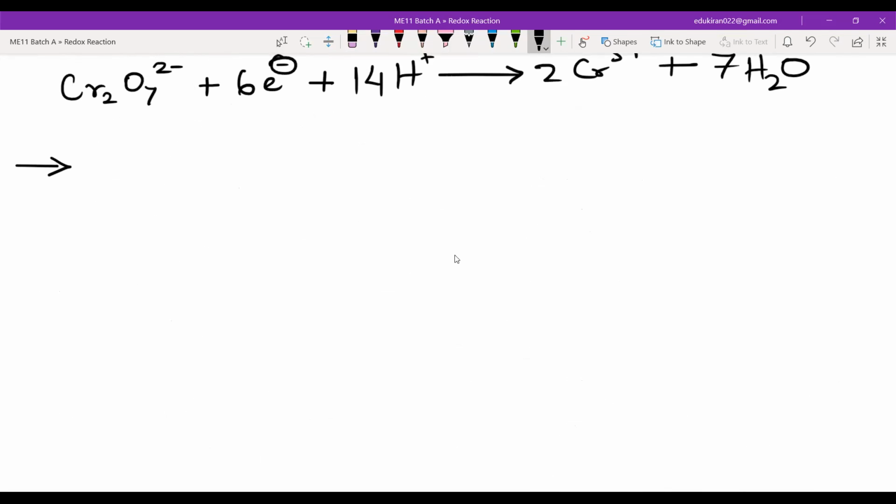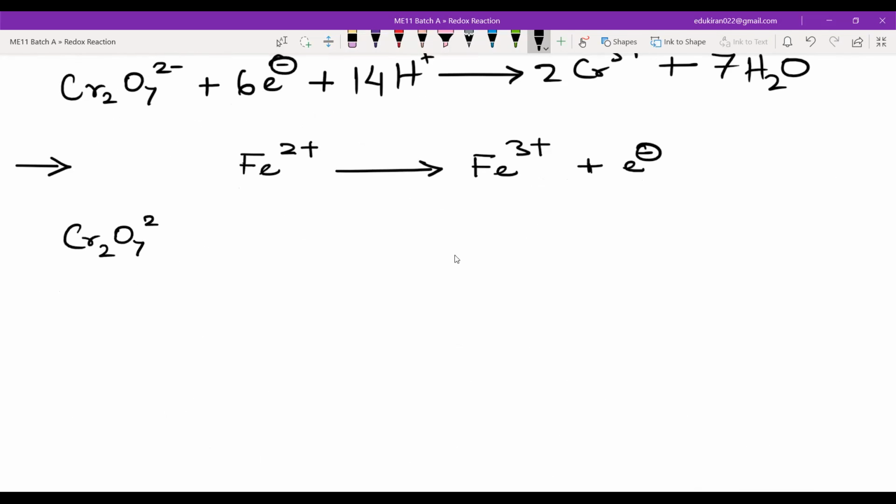Now we need to add both of these. But as you can see, there are some electrons here and some electrons here. These electrons should not be present in the balanced chemical reaction. You know this concept, na?